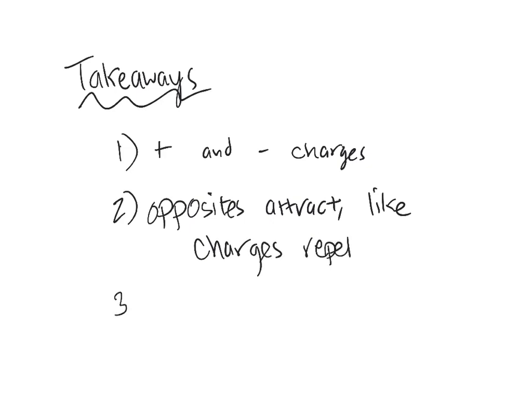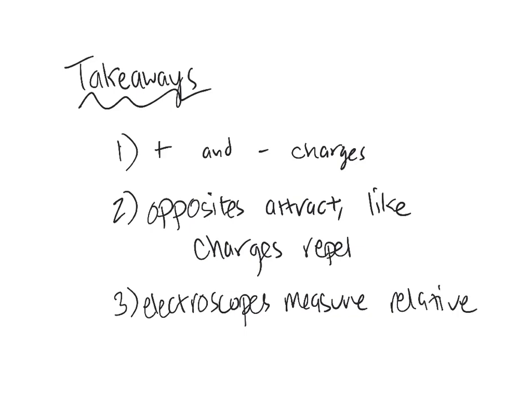And finally, electroscopes can be used to measure relative charge. And they do this by having the foil move different amounts based off of the amount of charge that is near the electroscope.